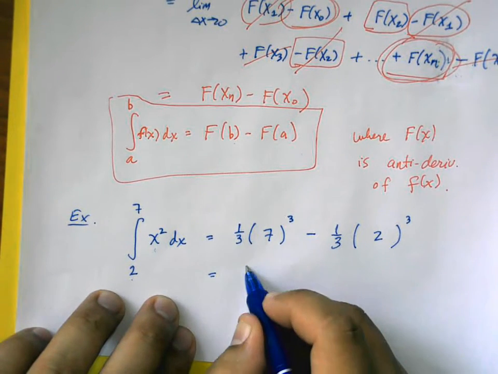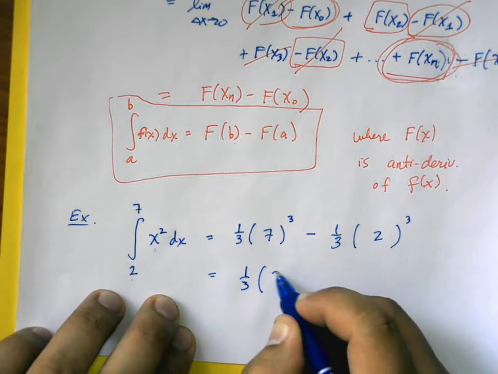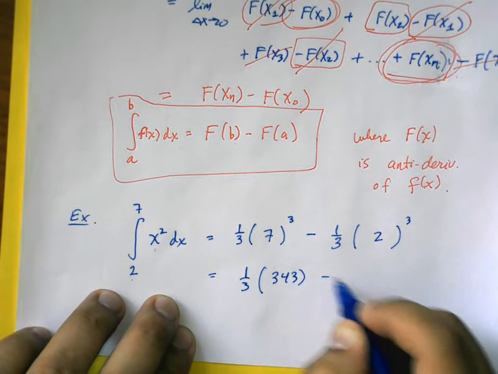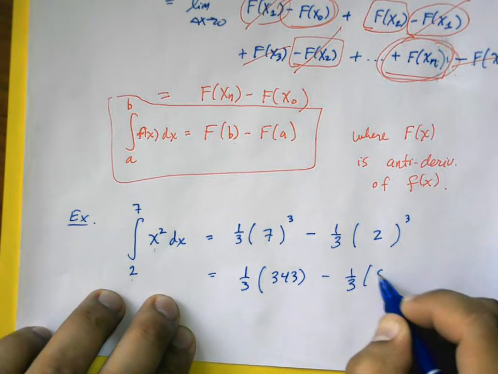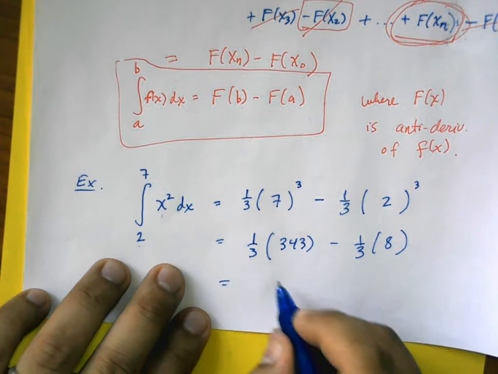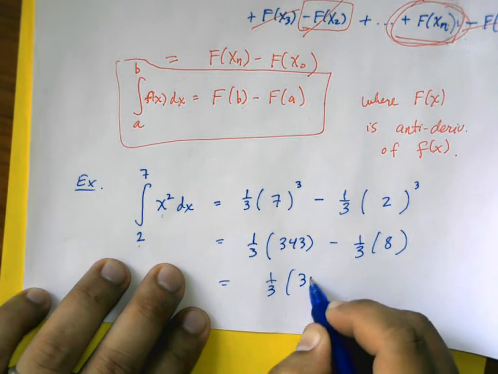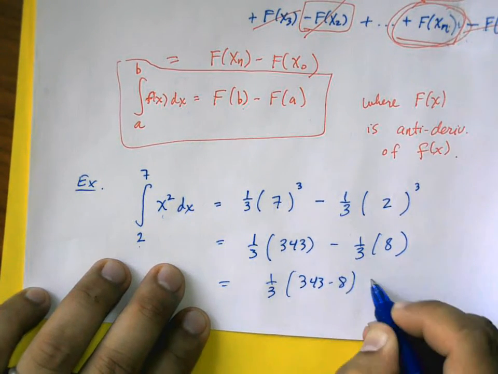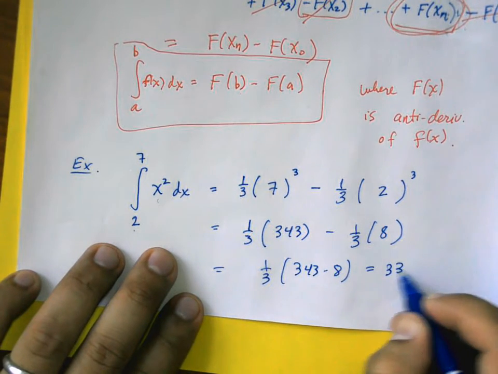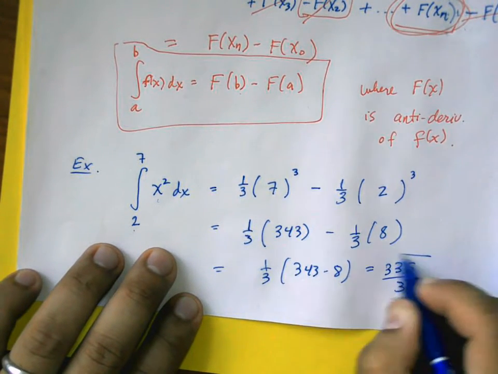So this comes out to being 1/3 times 343 minus 1/3 times 8, which is 1/3 times 343 minus 8, which is 335 over 3.